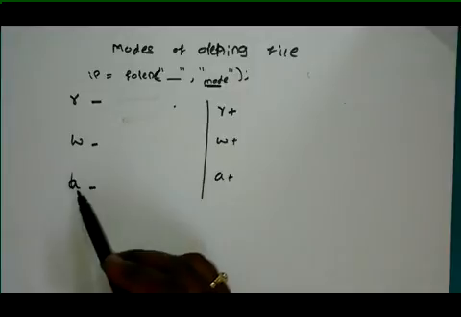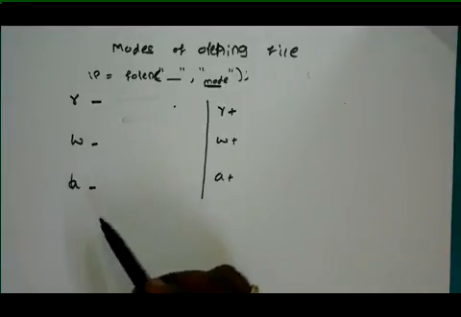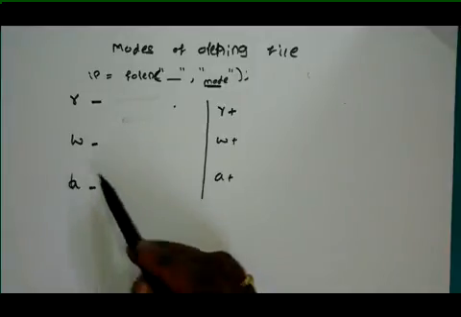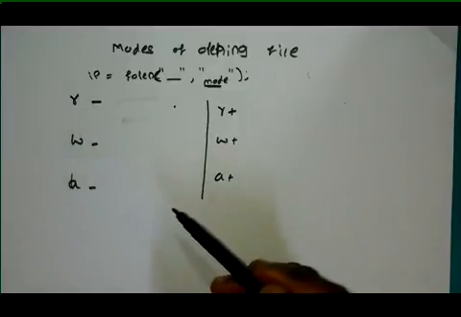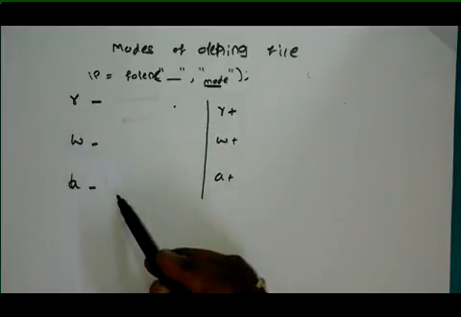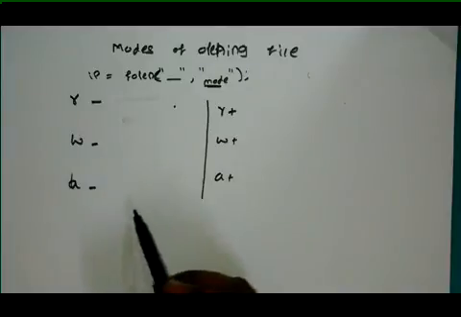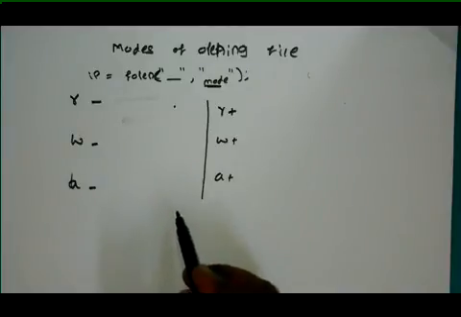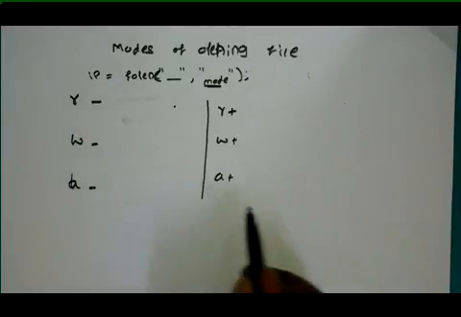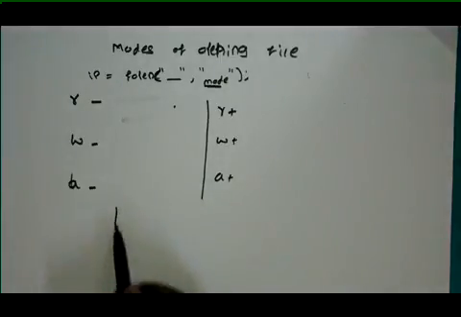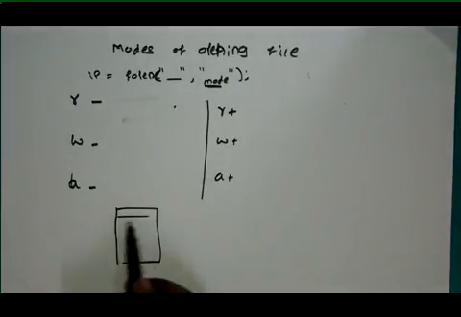What if I have to go for a combination? In that case, we can use R plus, W plus and A plus. If I want to open a file for both read as well as write operations, go for R plus, which means that you can open a file for read as well as write operation.